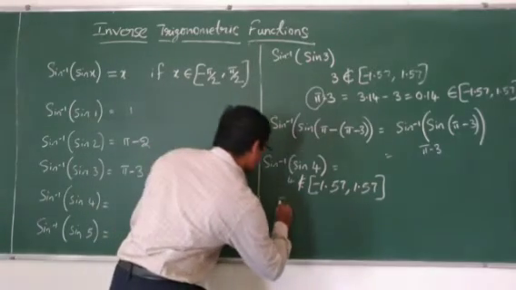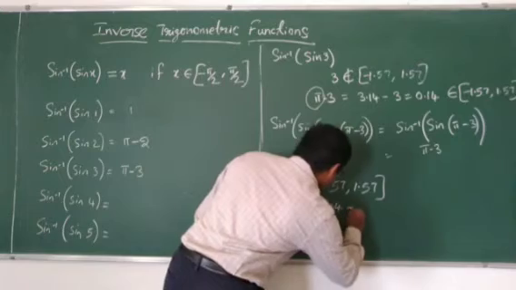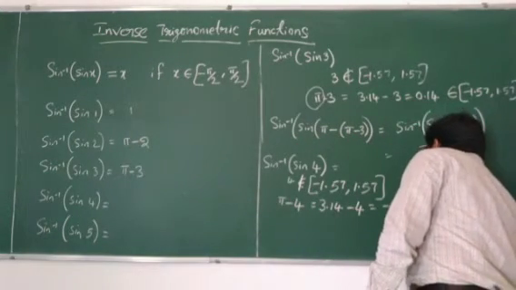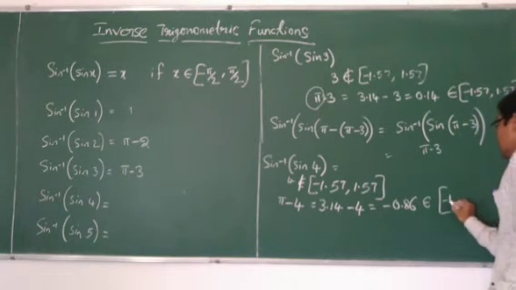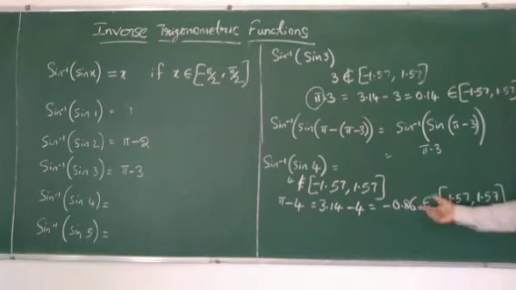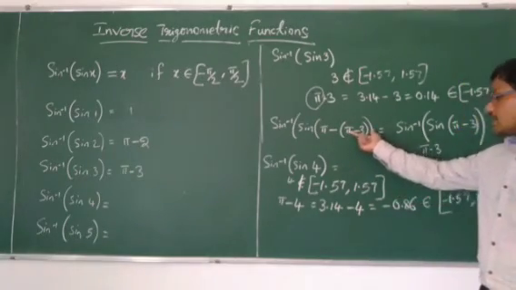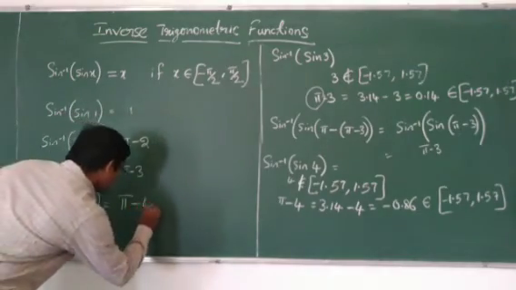We take pi minus 4, which is 3.14 minus 4, which is equal to minus 0.86. Minus 0.86 is in the interval minus 1.57 to 1.57. Because it is in this interval, by using the same method here, we get this value as pi minus 4.